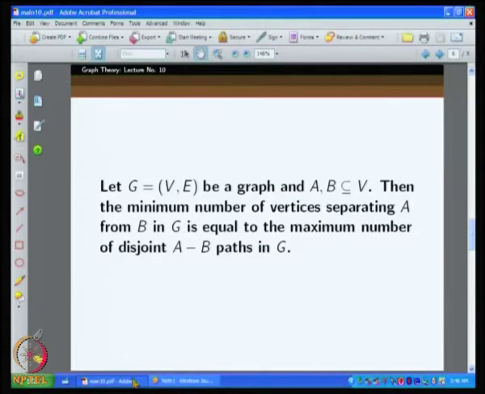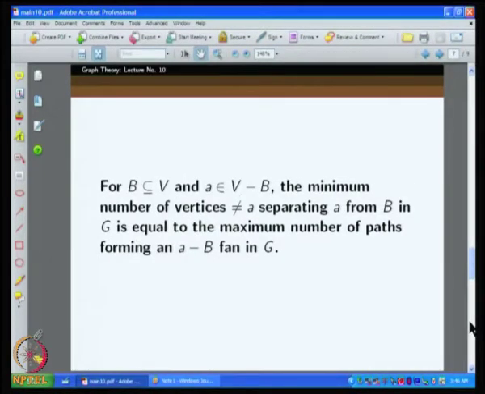Now let's also see the earlier statement, one of the more intuitive statements that we wanted.